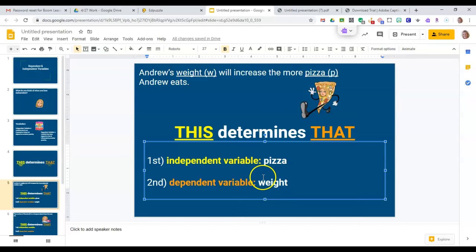So the weight is determined from how much pizza is being eaten. The number of pieces of pizza he eats can change, but that's only changing because of how much he's eating. His weight is actually changing the more pizza he eats.